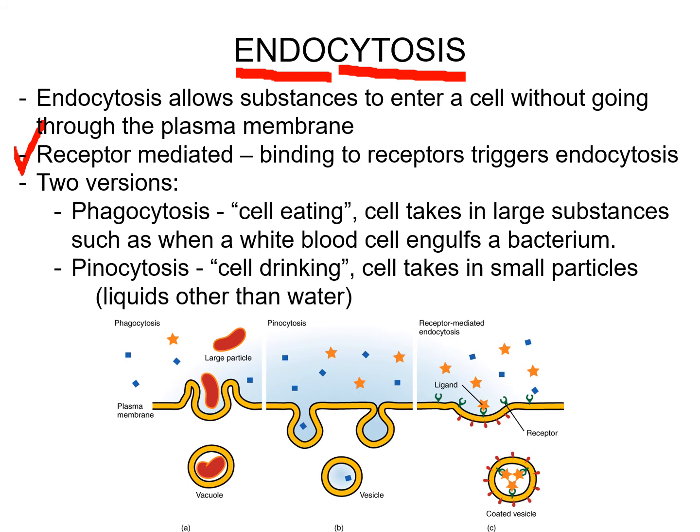If it's a big thing, we're going to kind of eat the structure, like swallow it. And that's called phagocytosis. And once again, cytosis means movement in the cell. Phago means to eat. So literally it translates, as you can see, to cell eating. And that's when we have a very large substance, such as a bacteria or bacterium. And we literally just kind of swallow it.